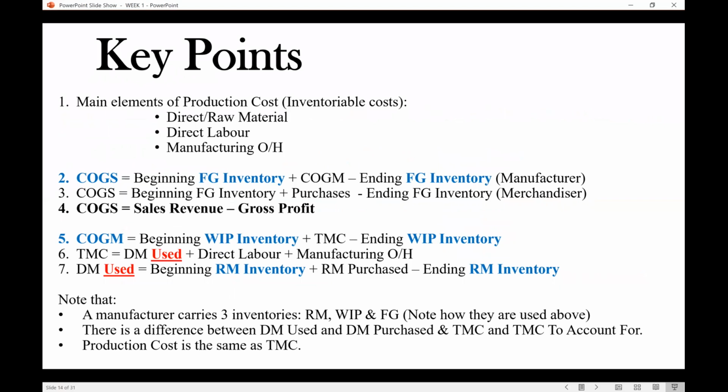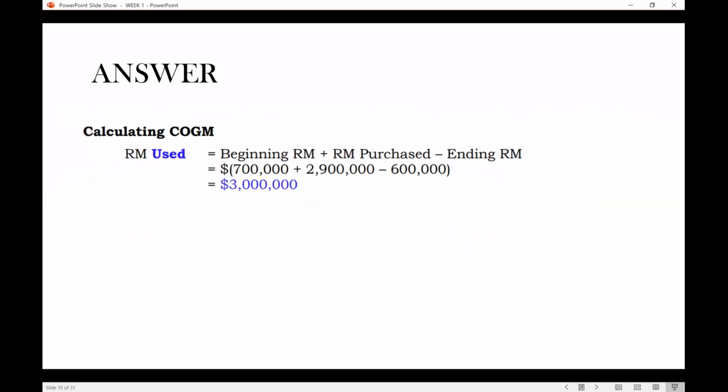So going back to our key points, looking over our formulas again for the various types. Let's work it. To find cost of goods manufactured, we're working from the bottom up. So we're using raw materials used. The formula for that is beginning raw materials plus raw materials purchased minus ending raw materials.